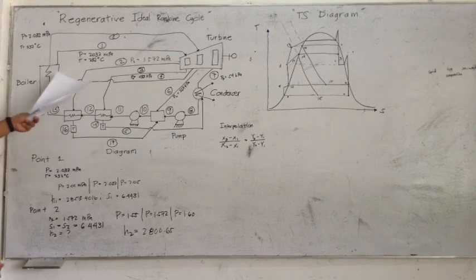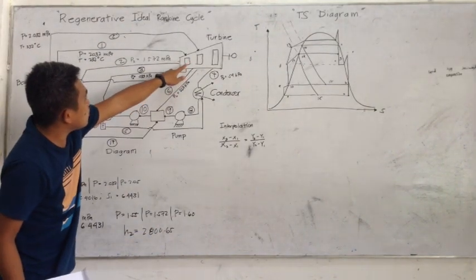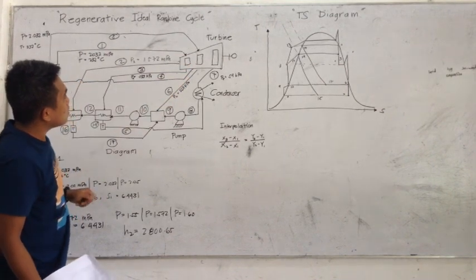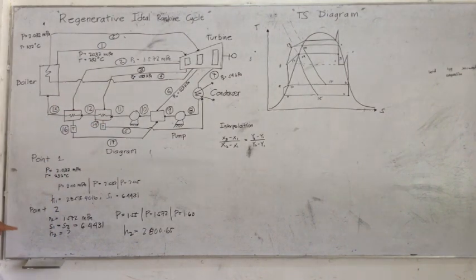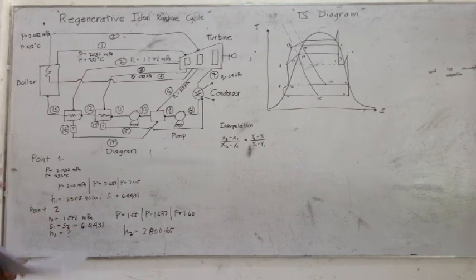Here in the diagram, point 3 also comes from the turbine. It also extracts more mass, which goes into a closed feedwater heater. It is the same as point 2, so we can directly conclude that S1, S2, and S3 are the same.